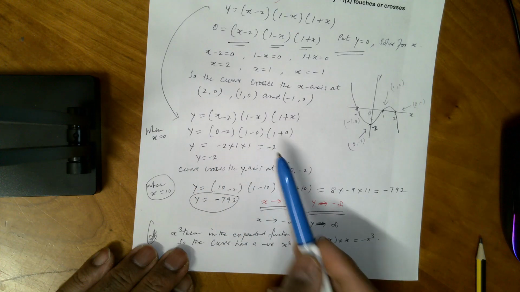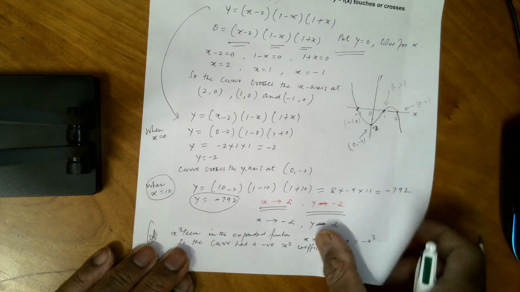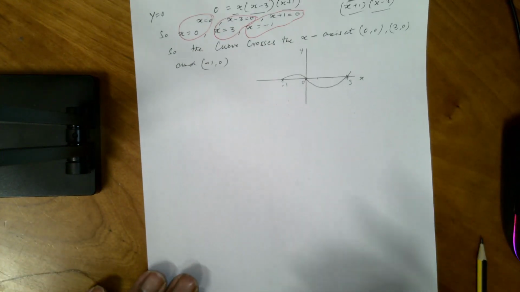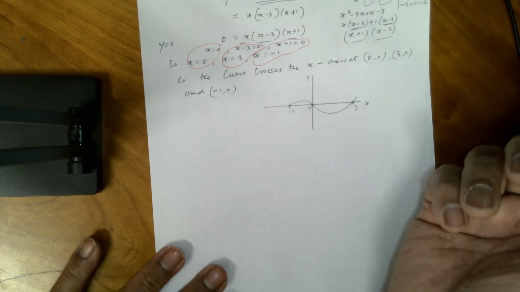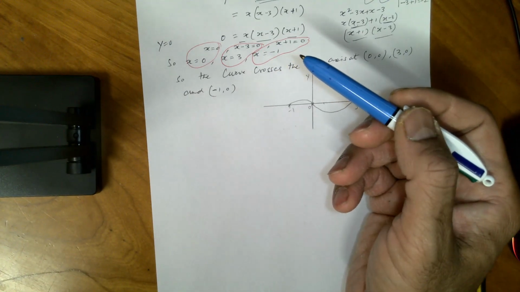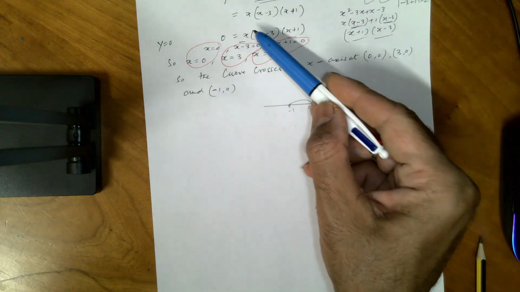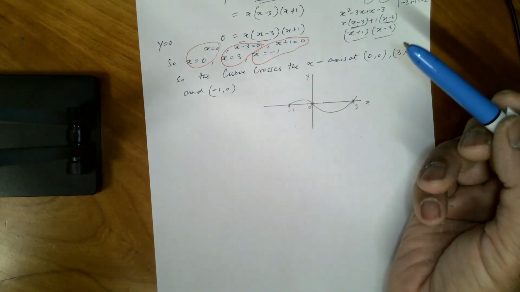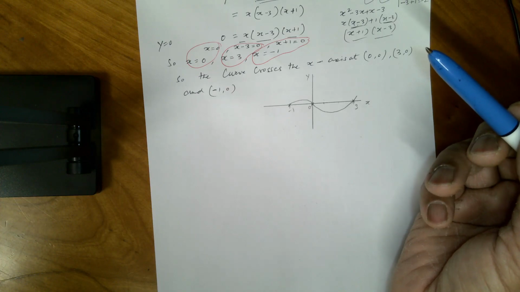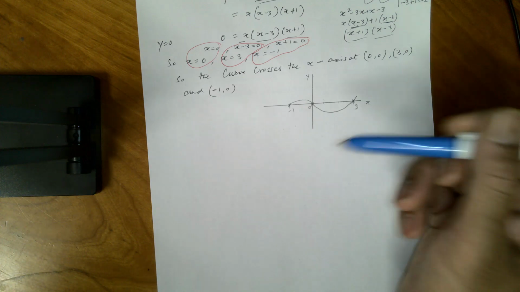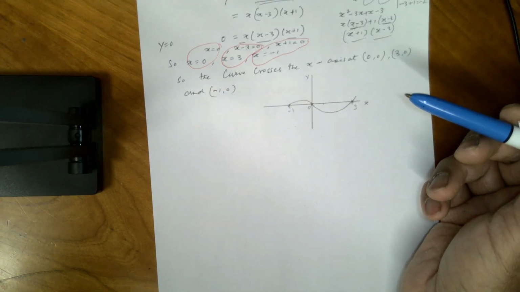You can get that coordinate by substituting the value. So x is 0 here, so y was 0 as well. However, this is the cubic curve with the positive coefficient of x cube and 3 distinct roots.